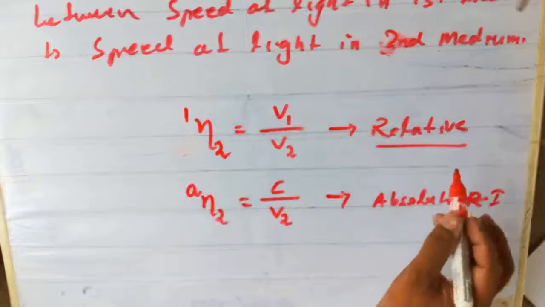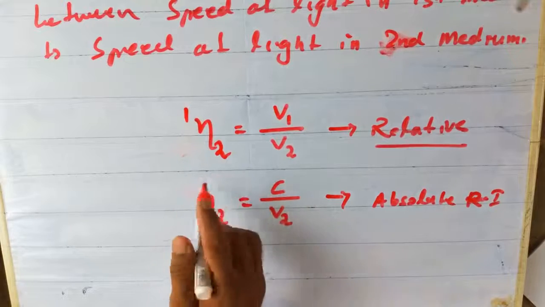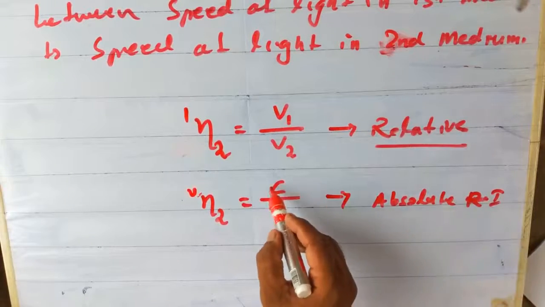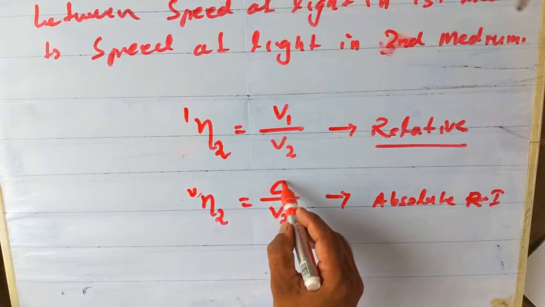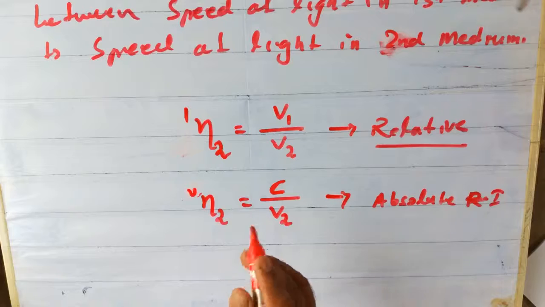This is relative. But if the first medium is air or vacuum, then that is the absolute refractive index. The speed of light in air or vacuum is denoted by C, so I used the symbol C and V2. Are you getting my point?